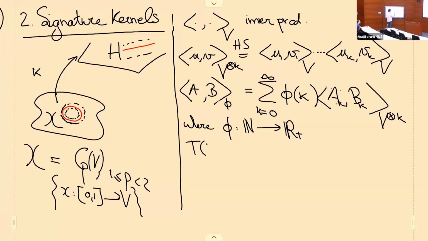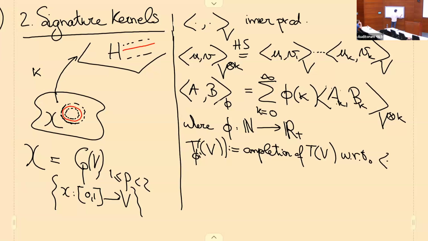I can take T of V and complete this vector space with respect to this inner product to get a Hilbert space, T_phi(V). So T_phi(V) is just the completion of T(V) with respect to this inner product.